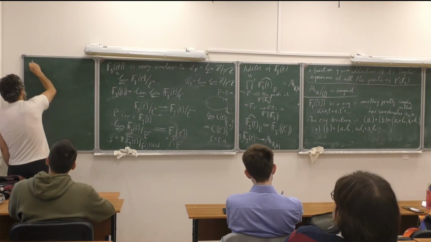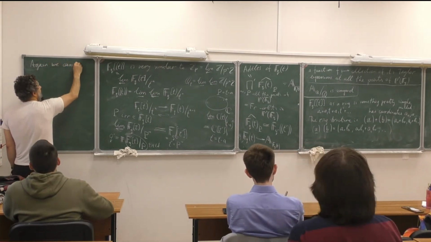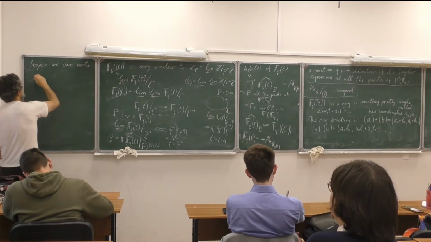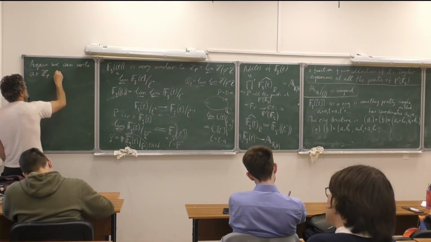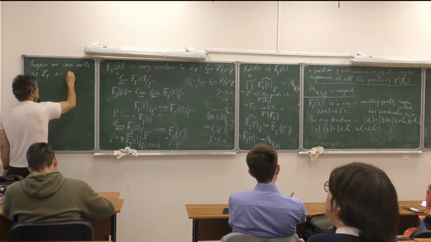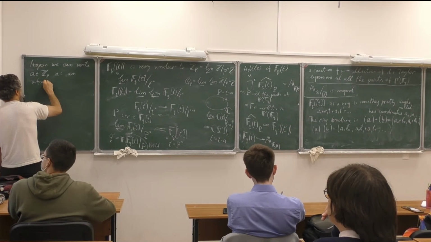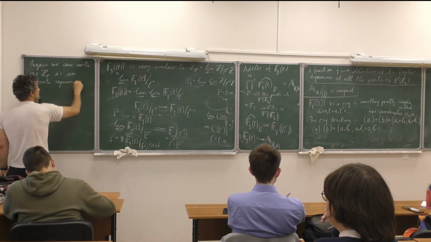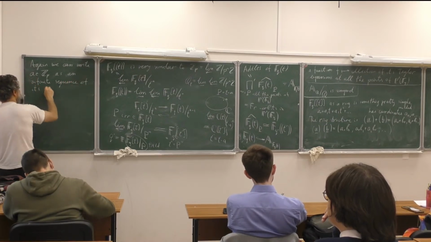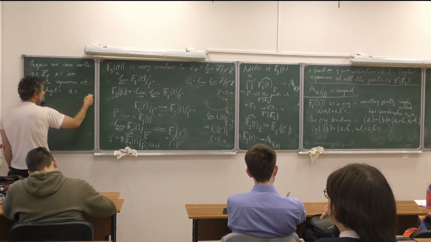So again, we can write some A in the p-adic numbers as an infinite sequence of its digits, A_i, say in the finite field F_p.